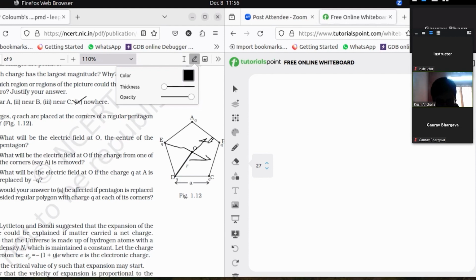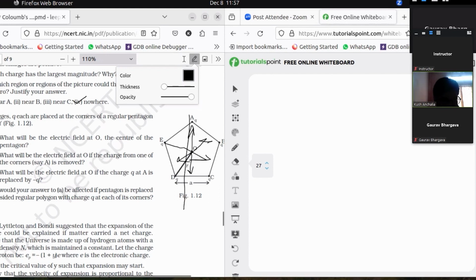Same, in this one also kq by r square will come from here. These two, if symmetrical, will cancel out, so the net will be here because of these two. And this will be the same as this, so the net will be here.